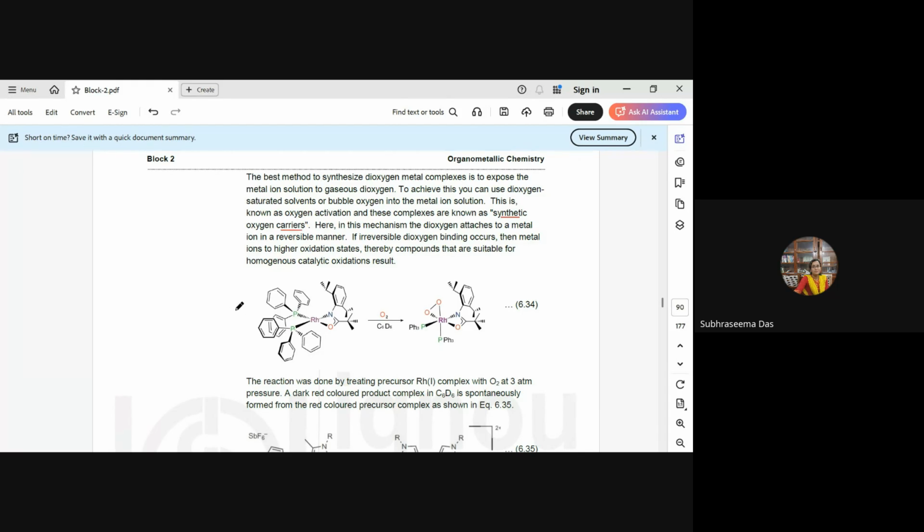In this mechanism, the O2 molecule attaches to the ion in a reversible manner. But sometimes if irreversible oxygen binding occurs, then the metal ion moves to a higher oxidation state, and these compounds are suitable for further oxidation.